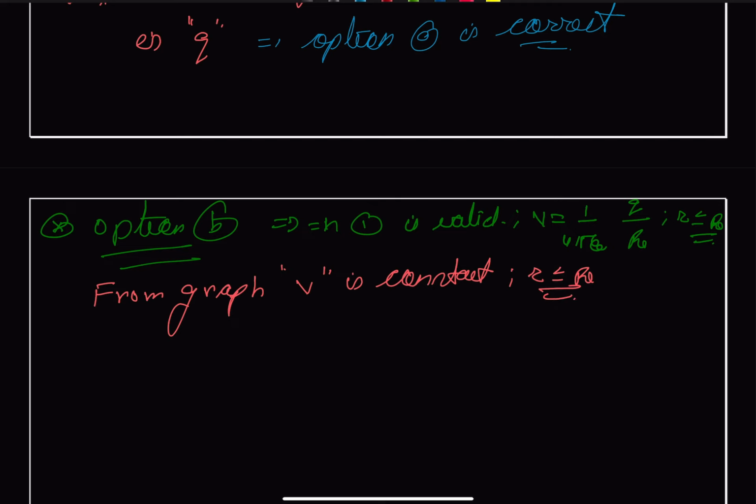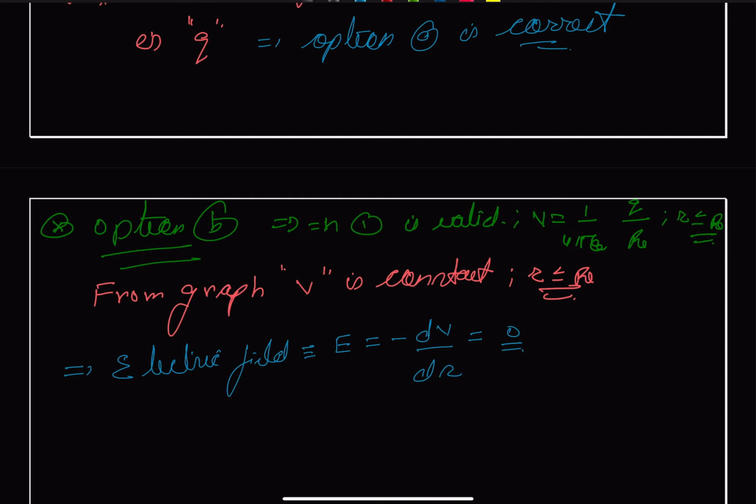Therefore, the electric field, that is our E, which will be minus dV upon dr, will be equal to 0 because our V is constant.